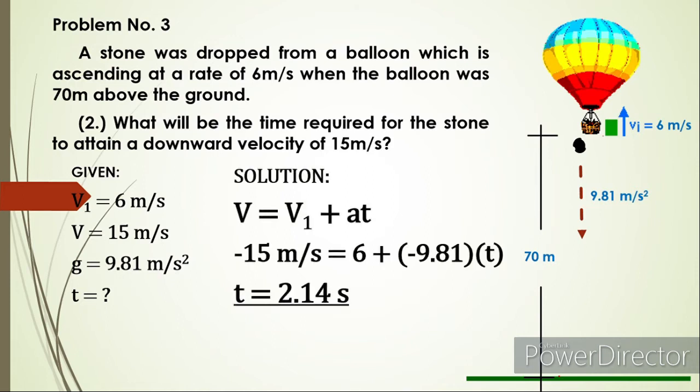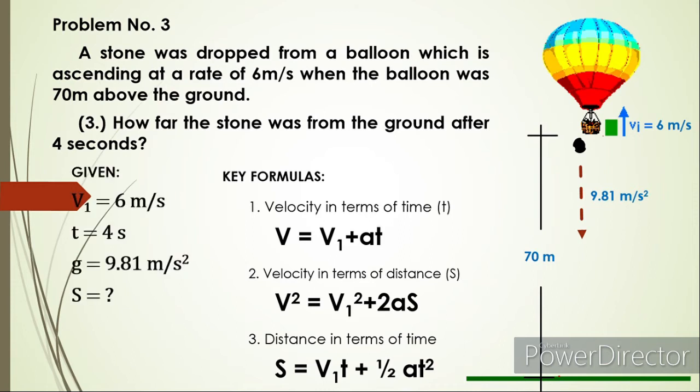So substituting all the values, we have negative 15 meters per second equals 6 plus negative 9.81 times T. T is equal to 2.14 seconds. Okay po, so nilagyan natin na negative since the velocity is downward.